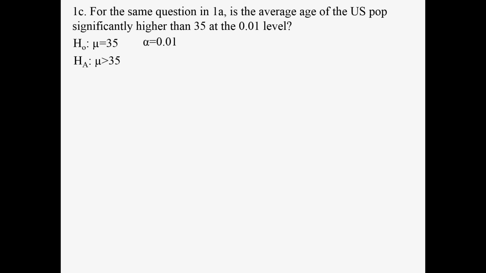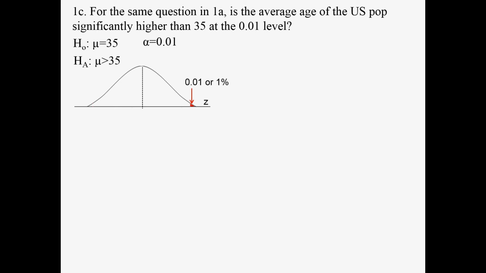Now the third step is we find the critical value that corresponds to this 1% alpha level. In order to increase the probability to reject the null hypothesis, we place all 1% in the upper tail. So we only have one rejection region that occurs in the upper tail.